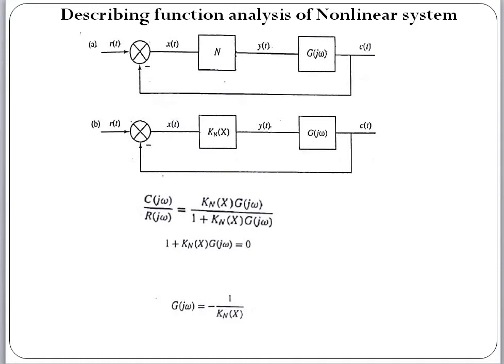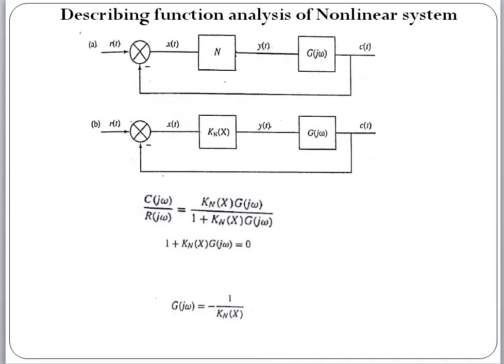Here we are considering a nonlinear system with a nonlinearity N. The G of j omega term is a linear element. By taking the assumptions of the describing function, this nonlinear element is replaced by a describing function.